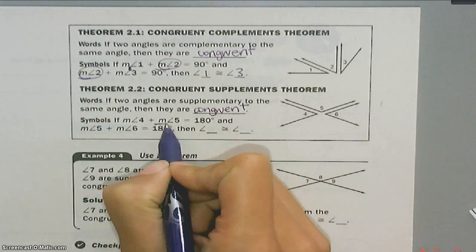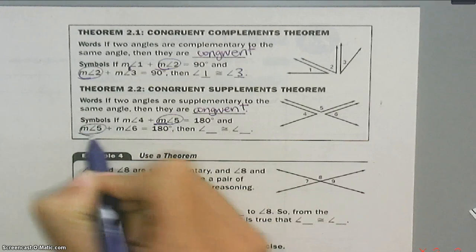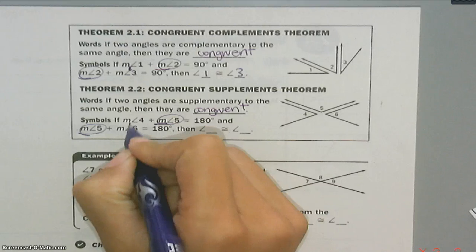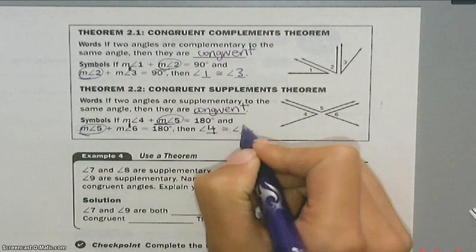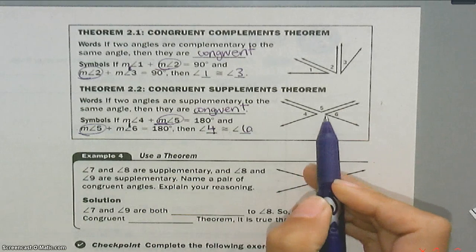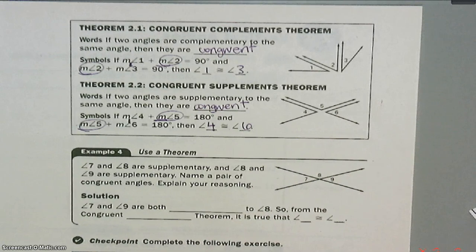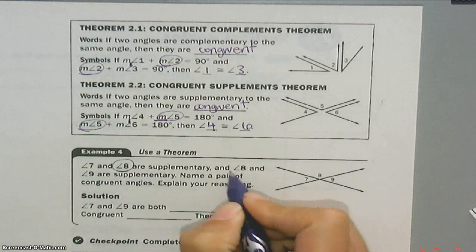So if you look here, you see 5 in each equation. 4 and 5 make 180, 5 and 6 make 180. That means these two have to be the same, 4 and 6. And you can see that from your picture. 4 and 6 are identical. So let's see here. 7 and 8 are supplementary, and 8 and 9 are supplementary. So I see 8 in both of those.